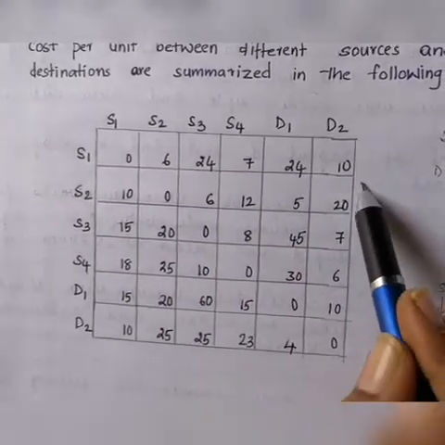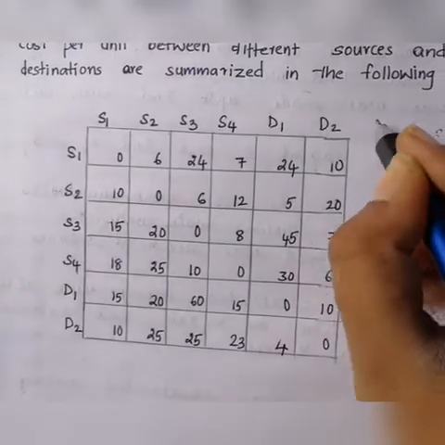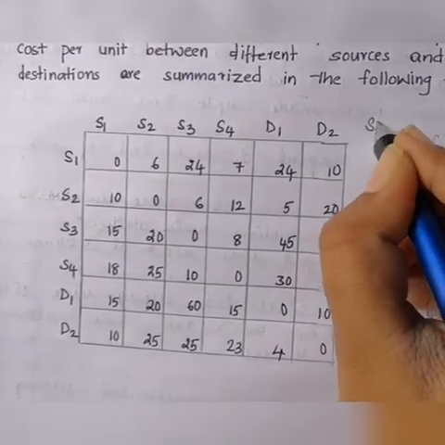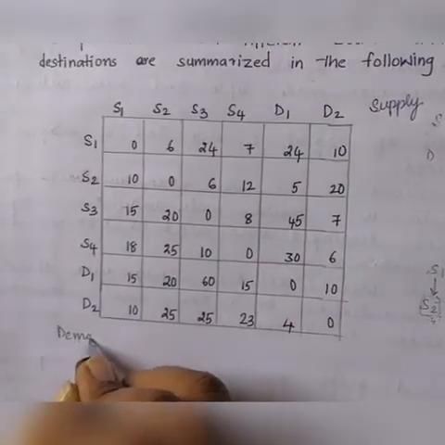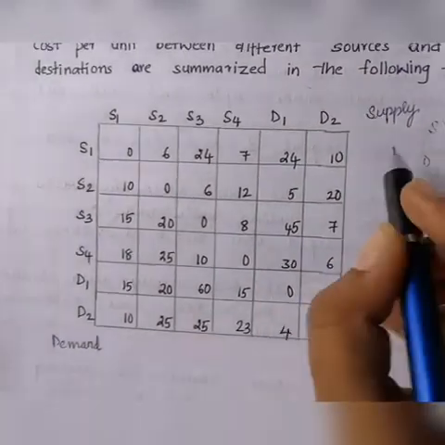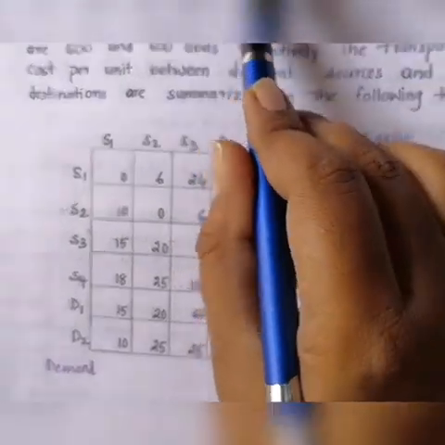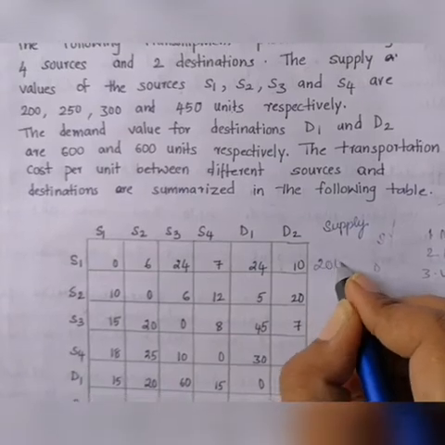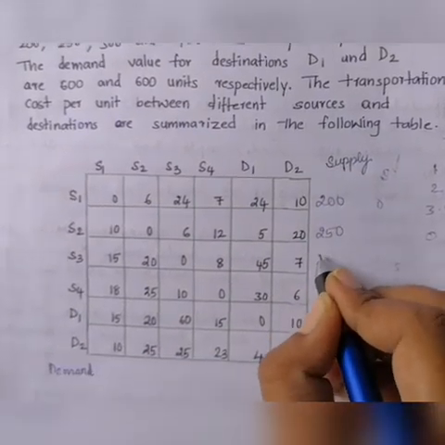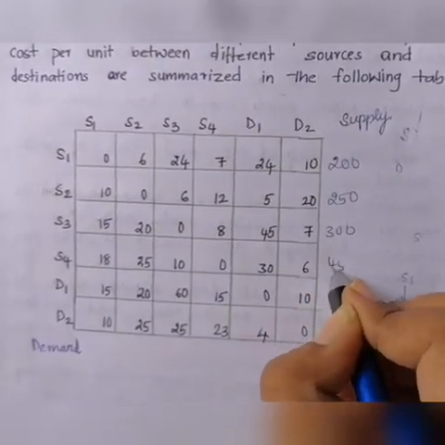Now let us write down the supply and demand values. According to transportation problems, the supply values are written here and the demand is here. Supply is given only for 4 sources S1, S2, S3, S4. What are the values? 200, 250, 300, 450.